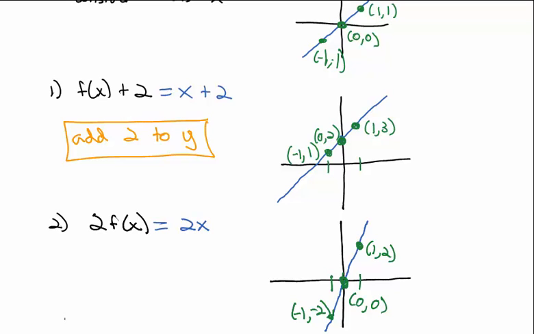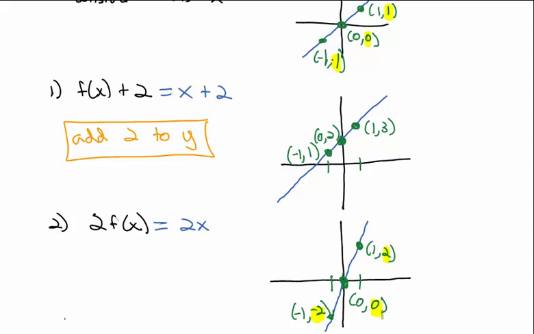And I want you to notice that while we kept the same x values again, -1, 0, and 1, the y values have changed. The y value that used to be -1 is now -2. The y value that used to be +1 is now +2. And the y value that originally was 0 is still 0.